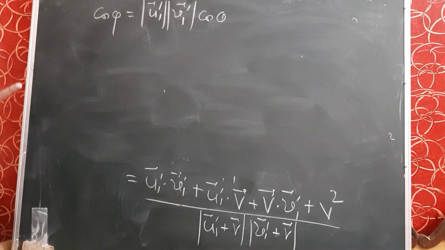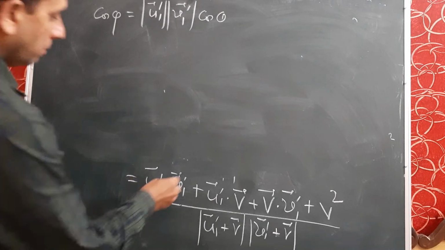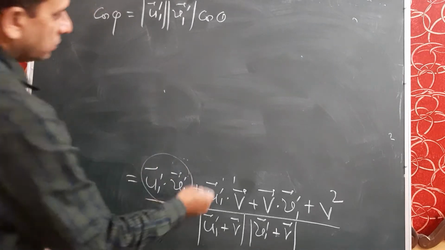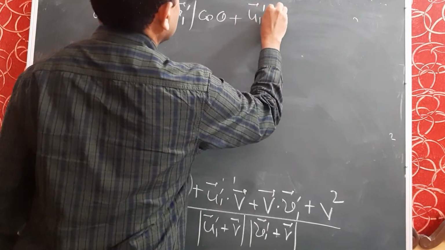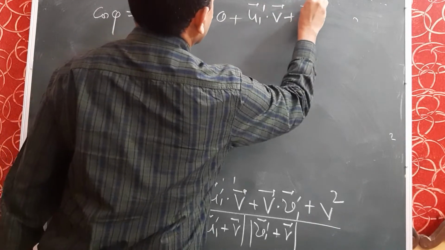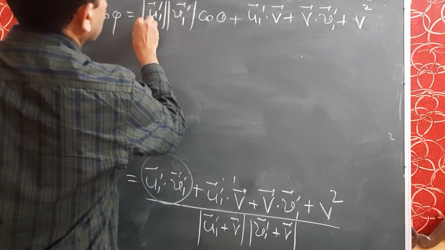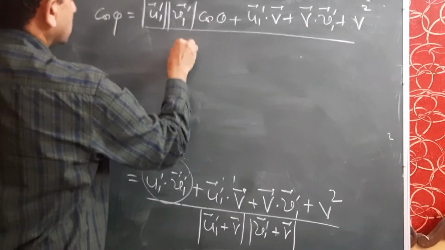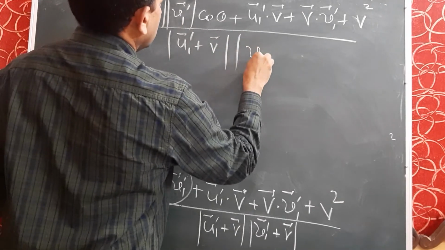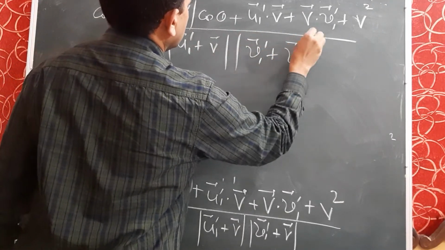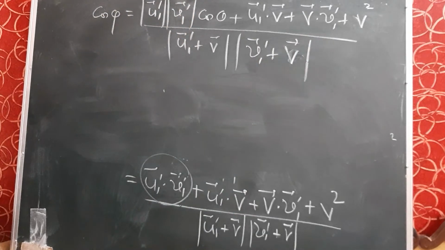So in this way I have converted the first term into theta form, and for the second and third terms all terms remain the same. So u1' dot V plus V into v1' plus V square over this u1' plus V into v1' plus V. So it is capital V. Capital V is the velocity of center of mass.